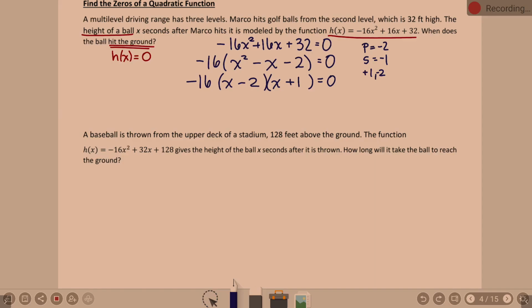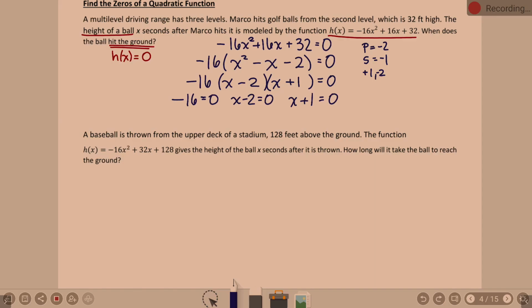We've got it factored, so officially the rule is take each factor and set it equal to 0. Now, about this negative 16, I'm going to show something, but then I'll tell you what you can do next time. Okay, we'll go ahead and set negative 16 equal to 0 so we can talk about it. X minus 2 equal to 0. And x plus 1 equal to 0.